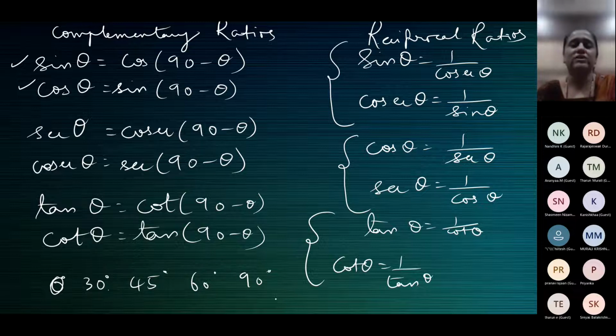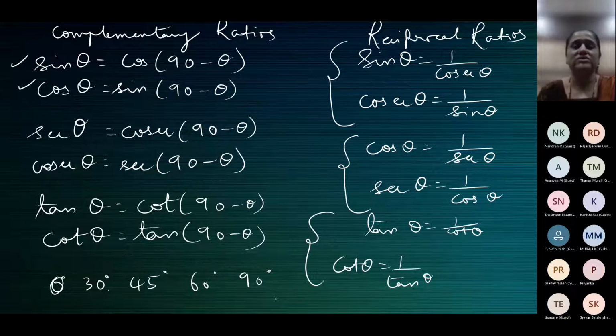An identity is an equality which is true for all the values of the variables involved. Or here in this case, you will have some angles involved. Theta is an angle, so it is true for all values of the angles involved in the identity.